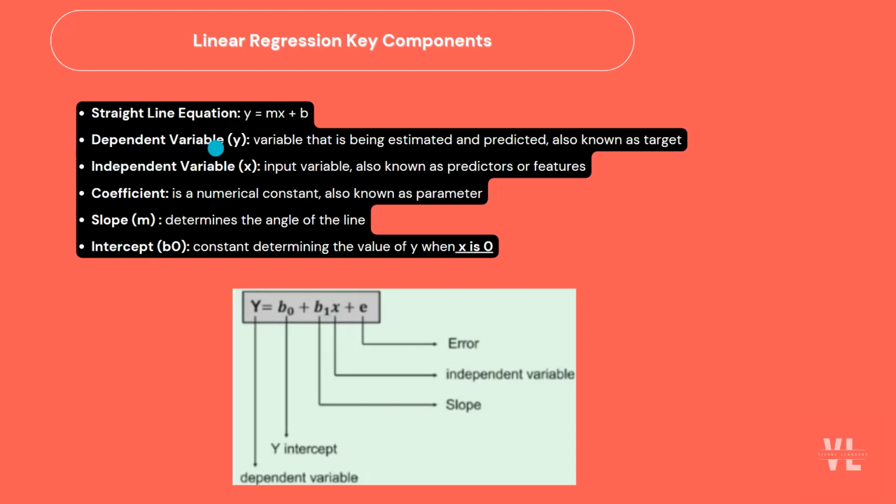The dependent variable y is a variable that is being estimated and predicted. It is also known as the target variable. The independent variable x is an input variable, which is also known as predictors or features, and the coefficient is a numerical constant also known as a parameter.